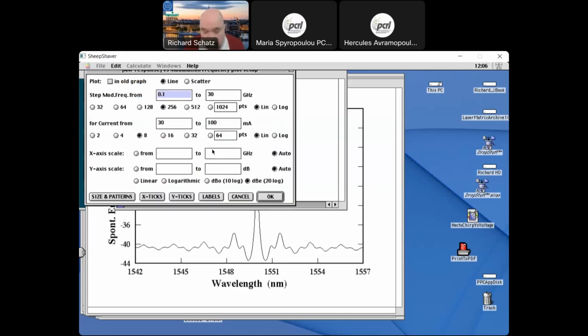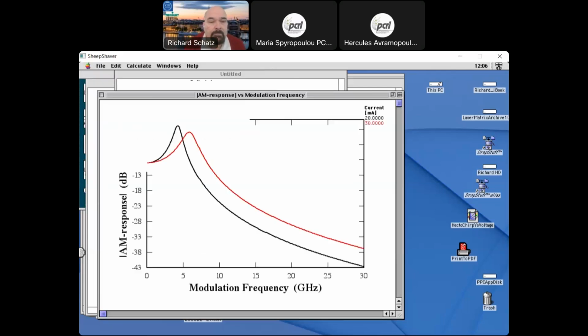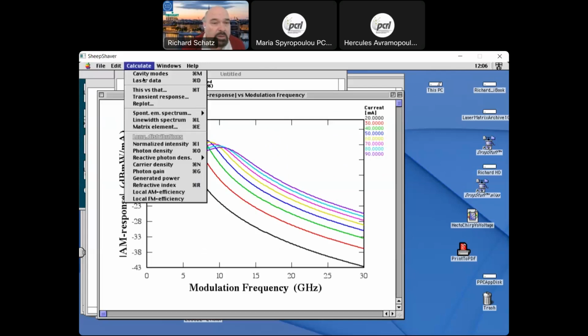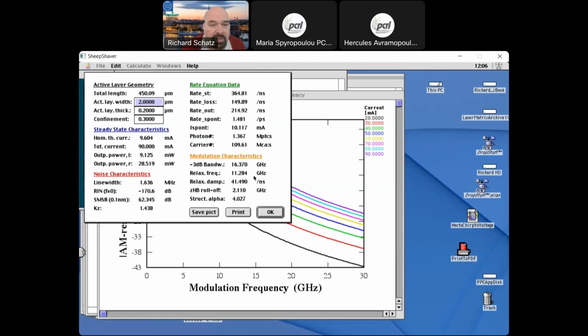Then we can go from 20 to 90 milliamp, for instance, and look at the modulation response. So here we see 20, 30, 45, 60, 70, 80, 90. And you see the modulation bandwidth is better. We can see what the modulation bandwidth is at 90 milliamp. It's 16.4 gigahertz, not extremely large.